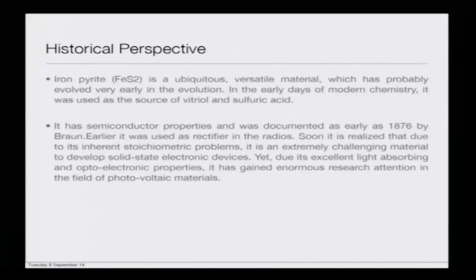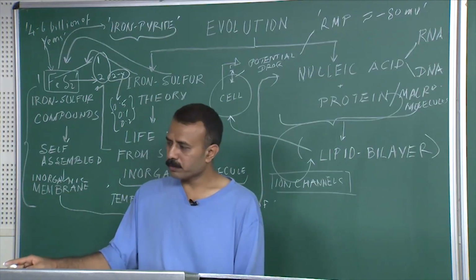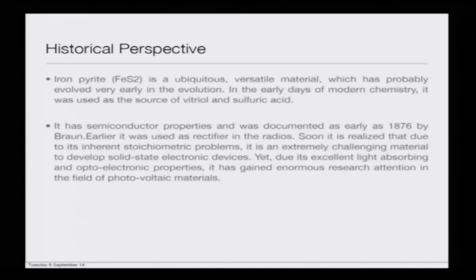Since very soon it was realized that there is a stoichiometric problem, it was an extremely challenging material to develop solid state electronic devices. Yet, due to its excellent light absorbing and optoelectronic properties, it has gained enormous research attention in the field of photovoltaic materials.